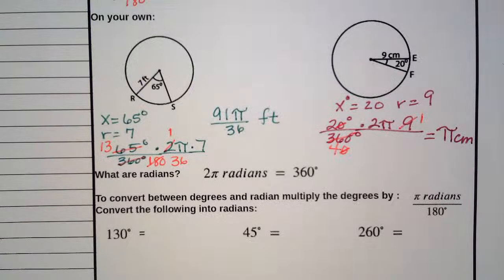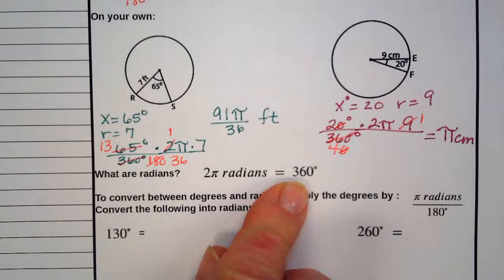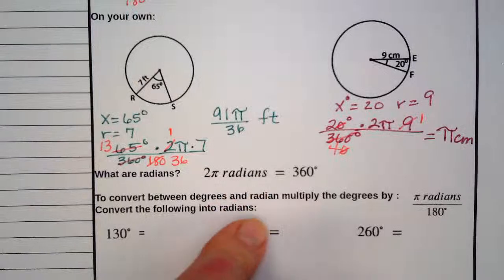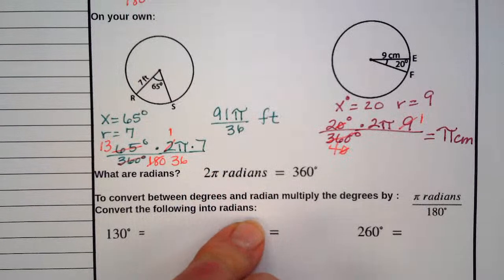When we're using the calculator, we always tell you to make sure you are in degree mode. Degrees and radians are two different ways of measuring. 2 pi radians is equal to 360 degrees. So if you go all the way around a circle, you've got 2 pi radians.